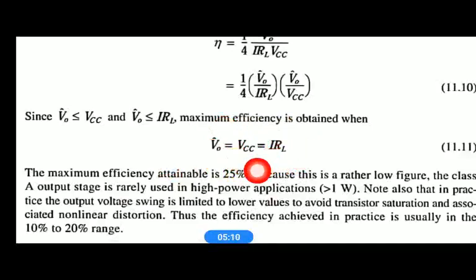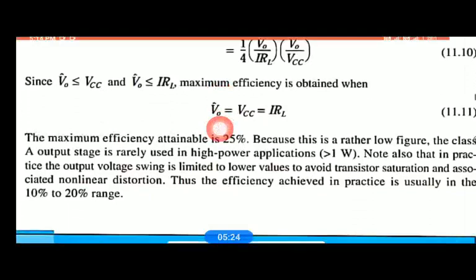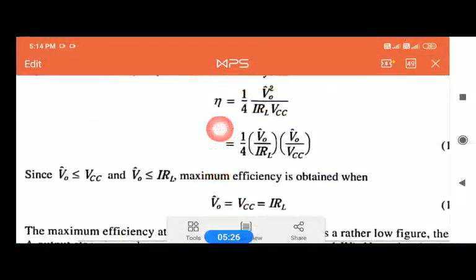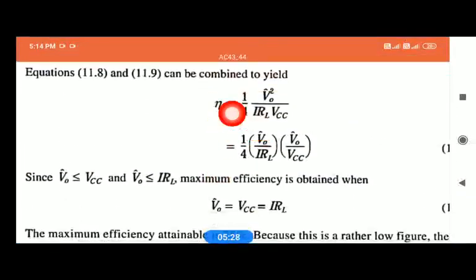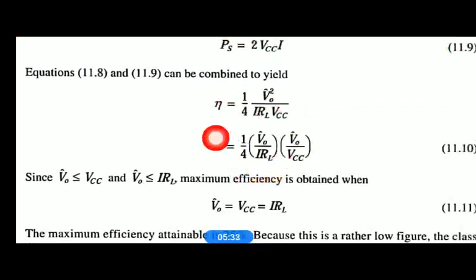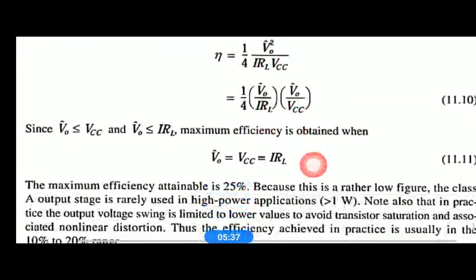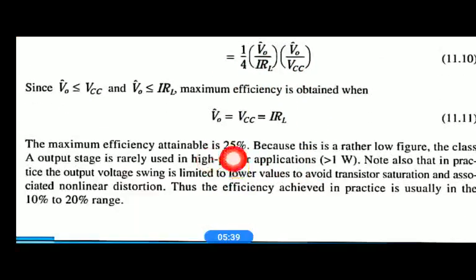If you substitute V naught with I into RL in one factor and VCC in the other, the terms cancel and you will get eta equal to 1 by 4, which is 0.25. For the percentage efficiency, multiply 0.25 by 100, which gives 25%.